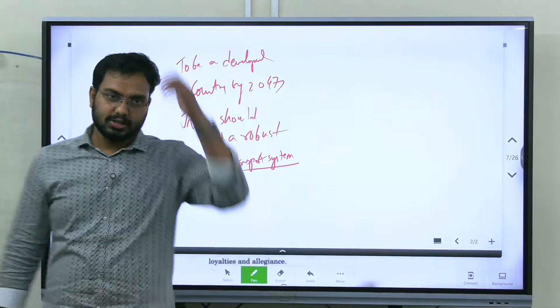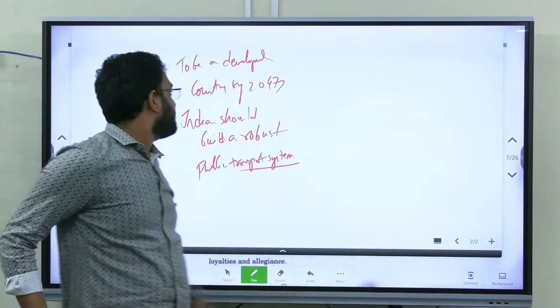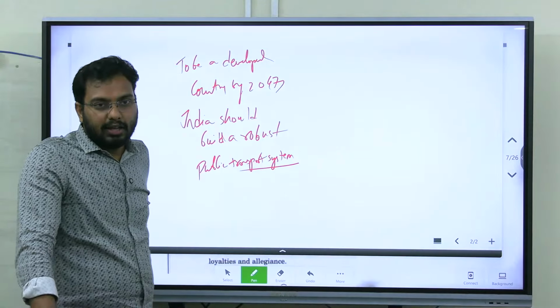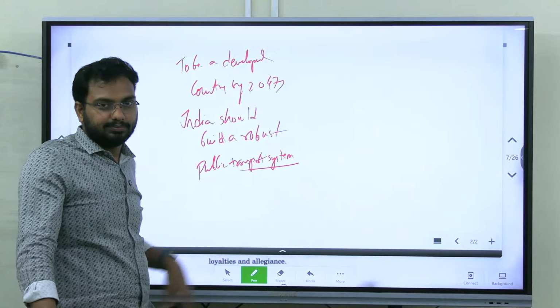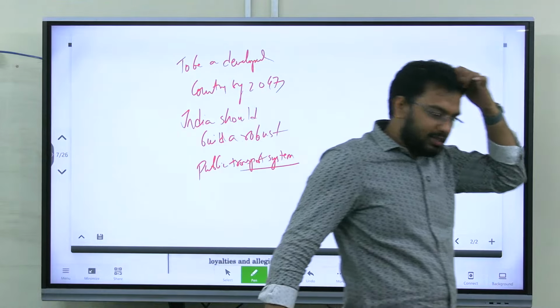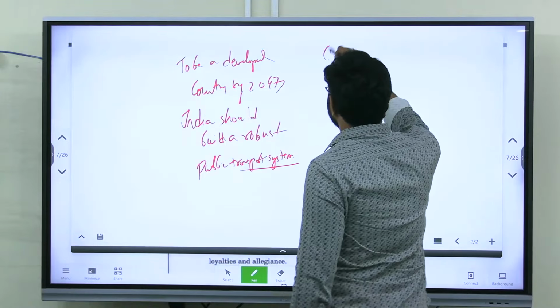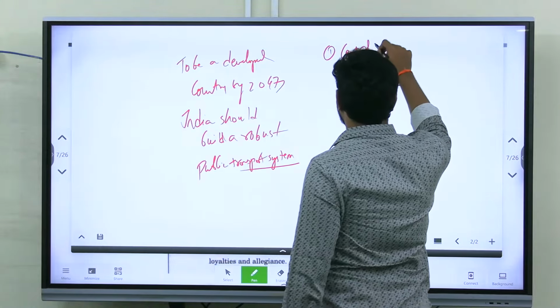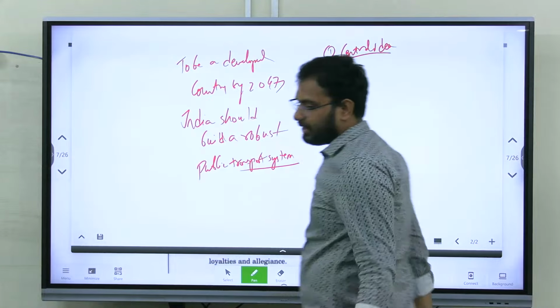Okay, everybody understood this? To be a developed country by 2047, India should build a robust public transport system. Okay, sir. Now, in this question, what is the central idea of the passage?